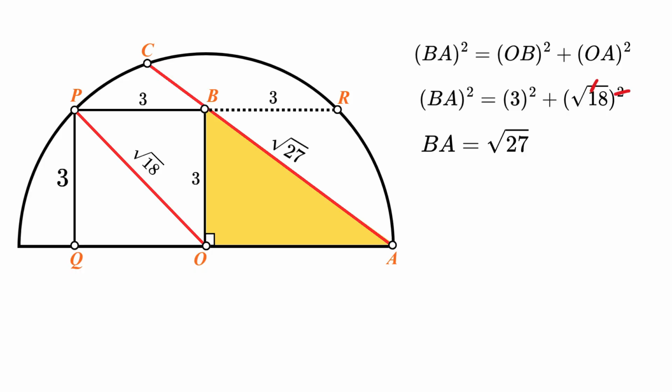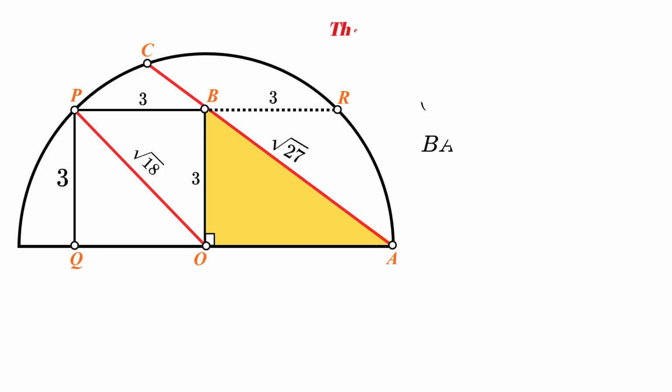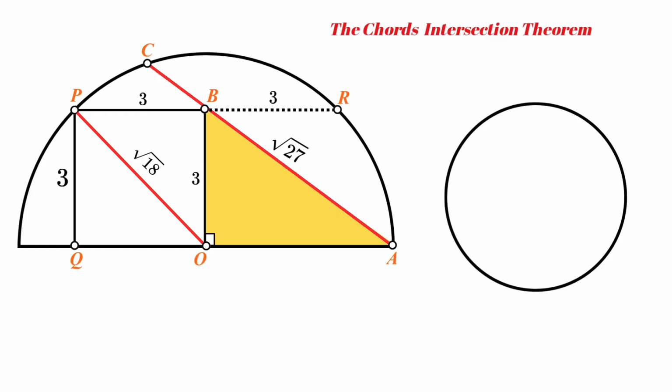Okay, now let's recall a really interesting theorem, and that is the Chords Intersecting Theorem. This theorem states that when two chords intersect inside a circle, the product of the lengths of the segments of one chord equals the product of the lengths of the segments of the other.